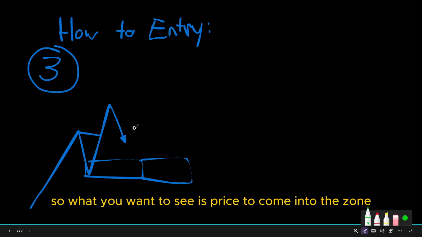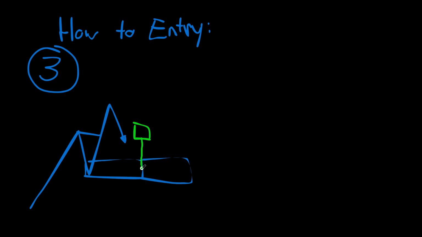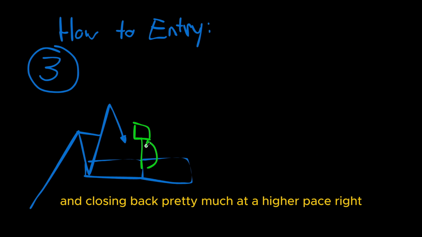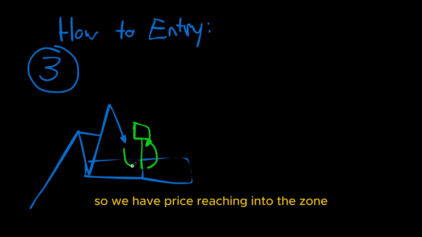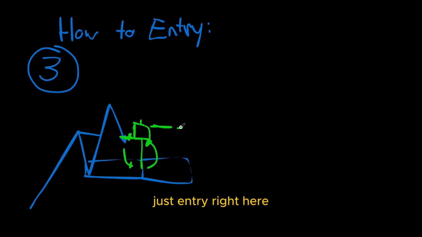So what you want to see is price coming into the zone and closing back at a higher price. We have price reaching into the zone and closing strongly above the zone. What you then can do is enter the position at the close of the candle, just entry right here.